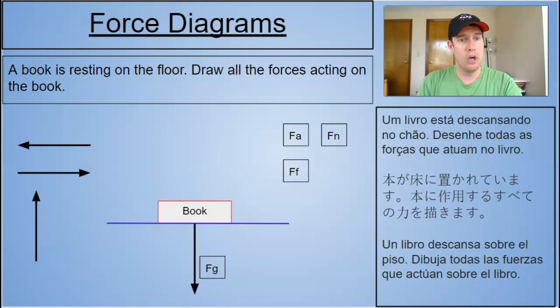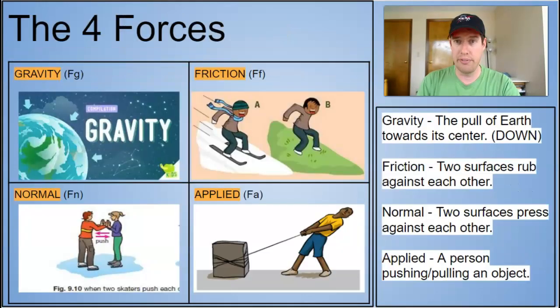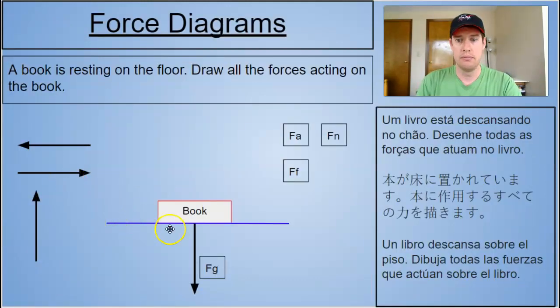Well, let's go back and do a quick look at all 4 of our forces and see if we can come up with this answer. We've got gravity. Is there friction? Is there a normal force? Is there an applied force? Let's go back and take a look. Well, this says that nothing else is happening to the book.